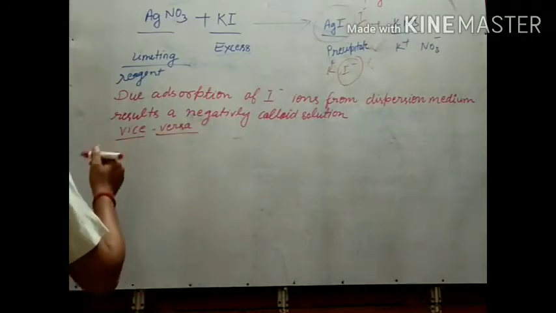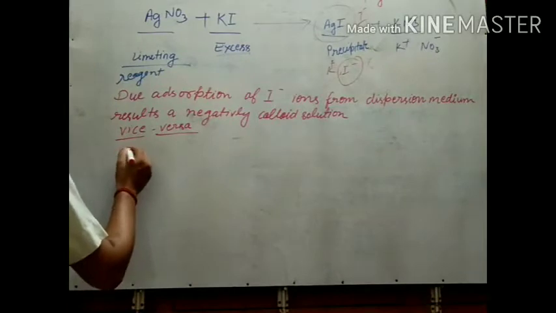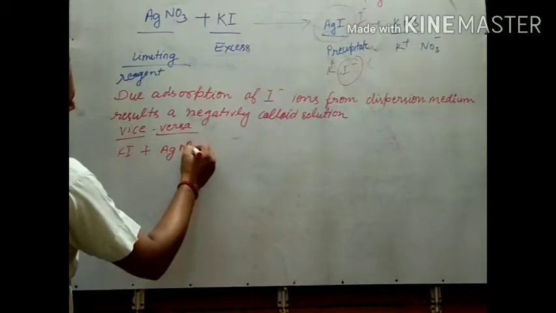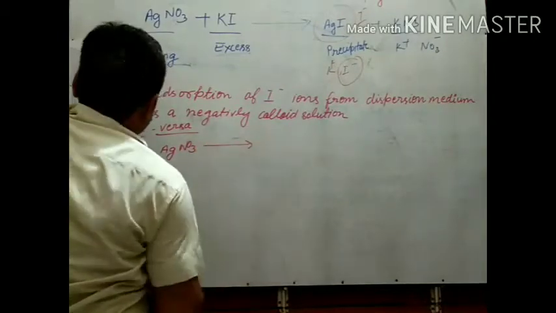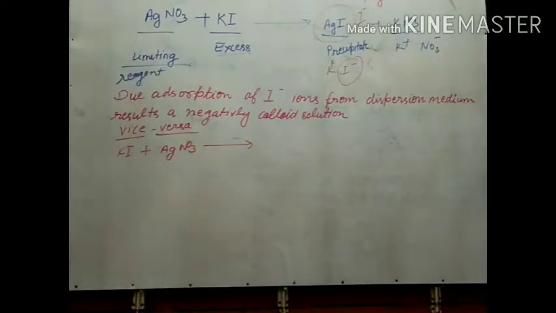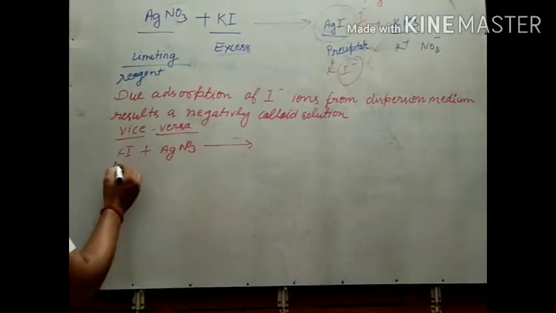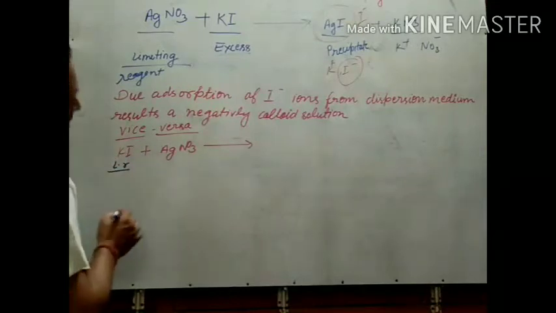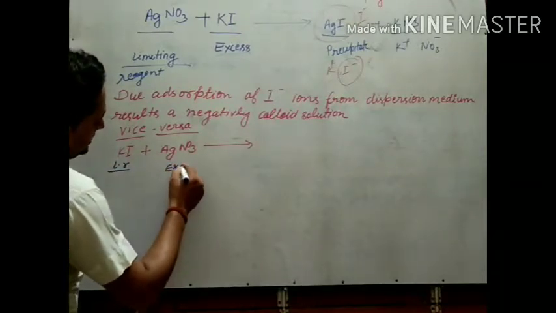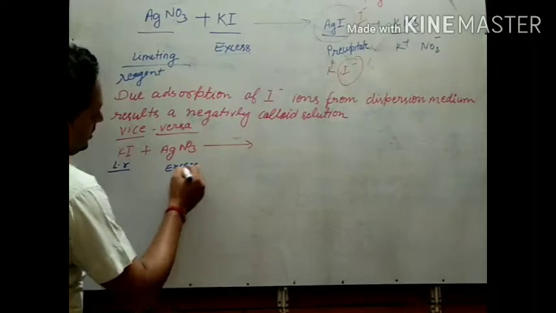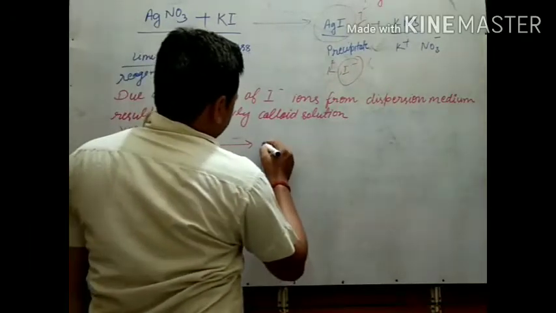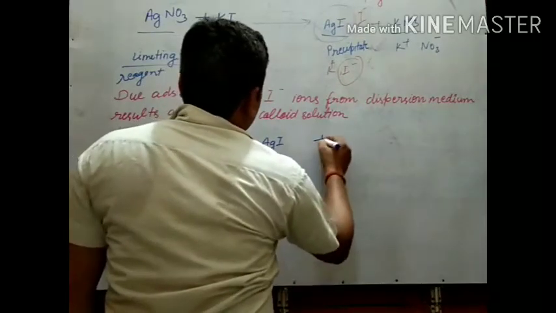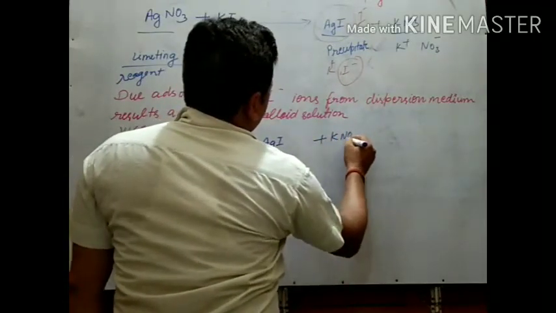If KI is the limiting reagent and AgNO3 is in excess amount, it will form the same precipitate, AgI and KNO3.